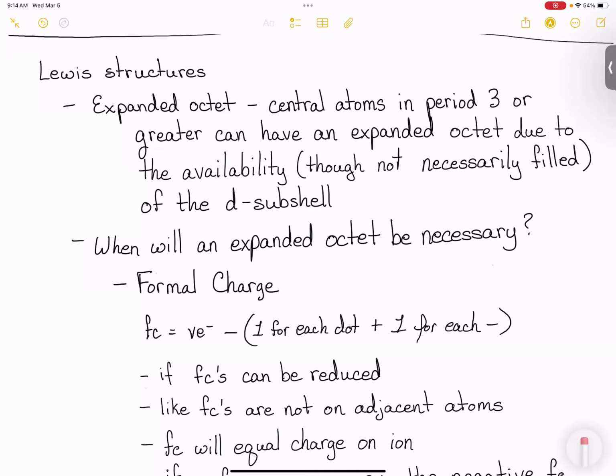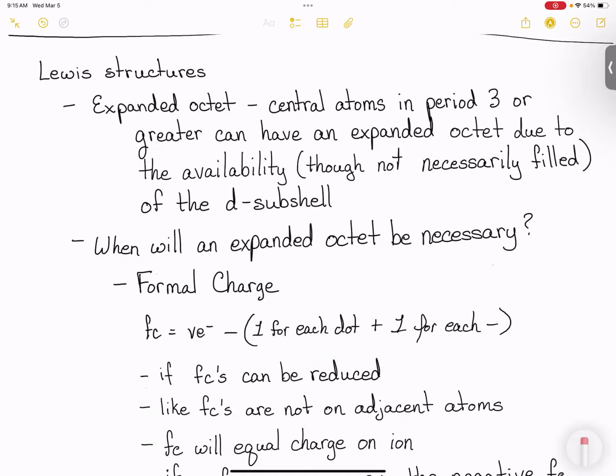We then drew a single bond between the external atoms and the central atom, and we subtracted 2 for each bond we drew. If electrons still remained after drawing the bonds, we then gave our external atoms an octet, meaning 8 electrons.